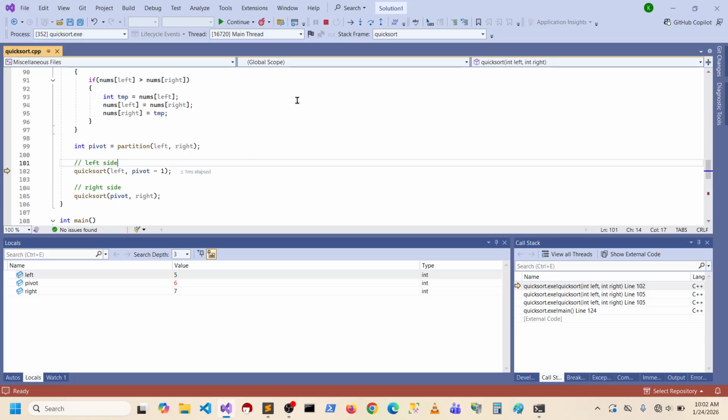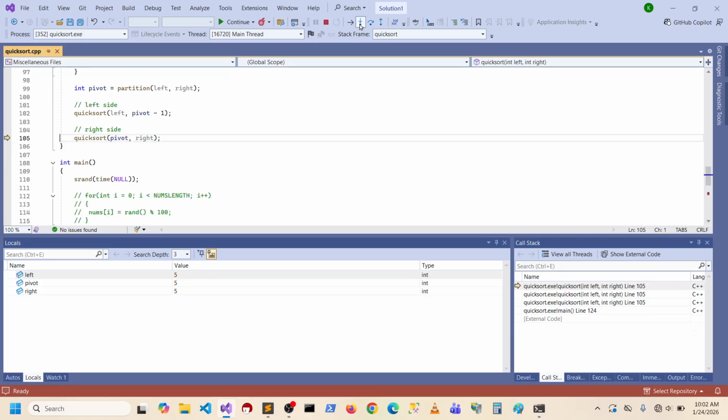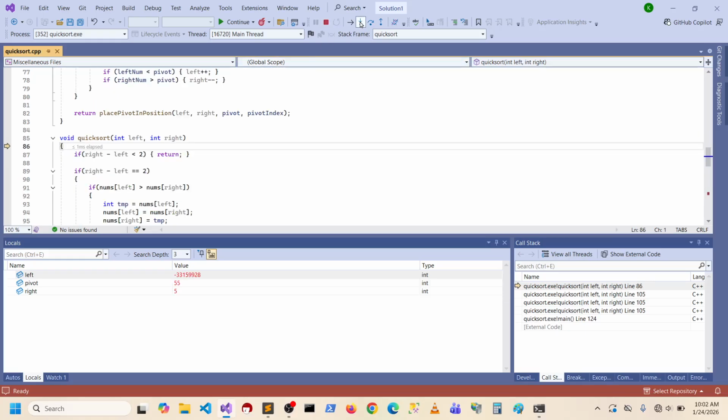So 5 and 5. Now we've got bigger snow falling. So this returns. Now we go to the right. 6 and 7.